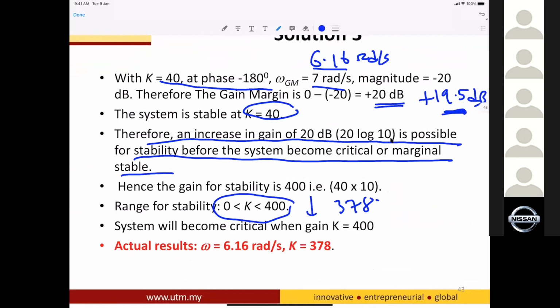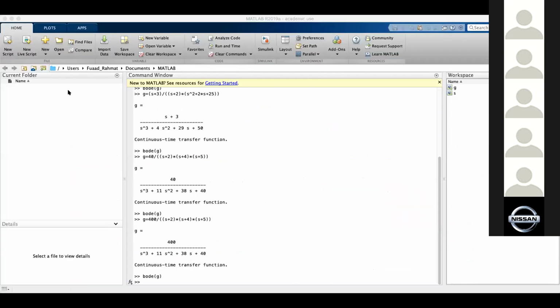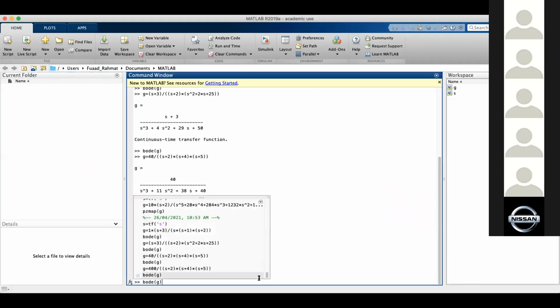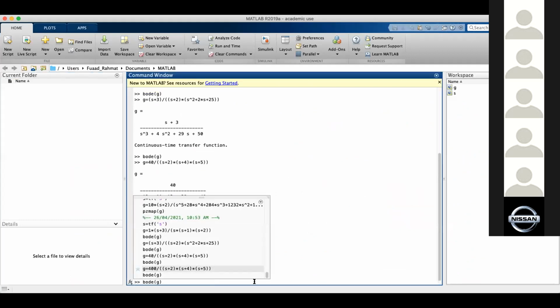So for critical, let's say we simulate. No harm, isn't it? We want to see what happened at 378. So we share with the MATLAB here. Okay, we change from 400 to 378.